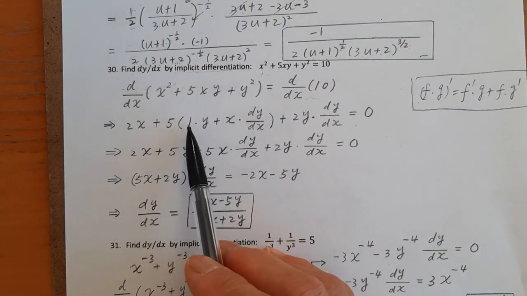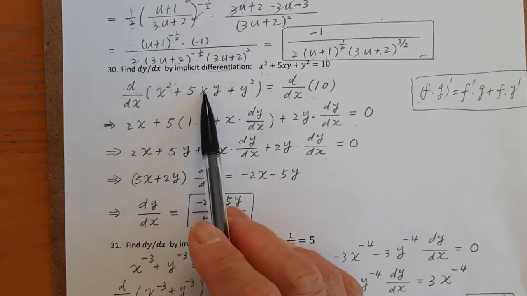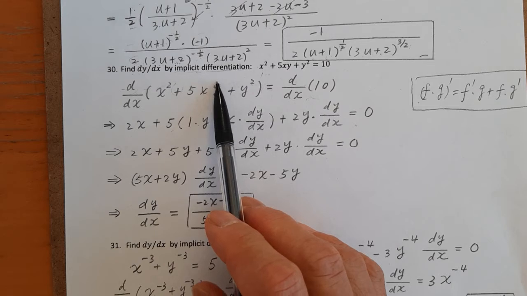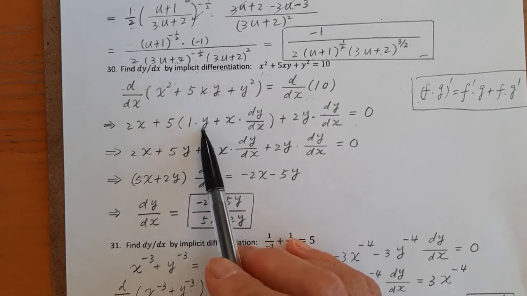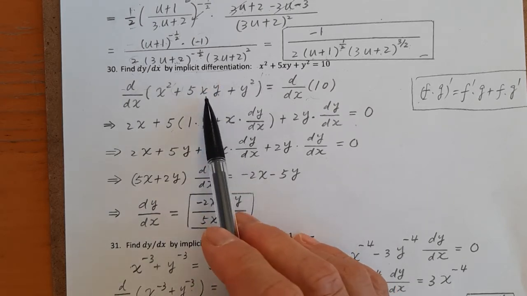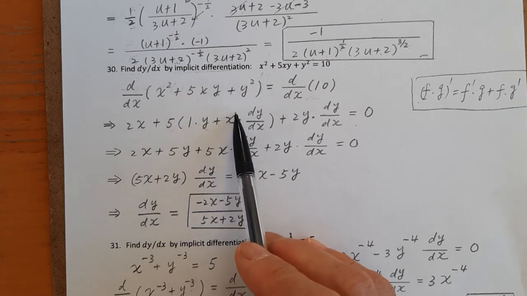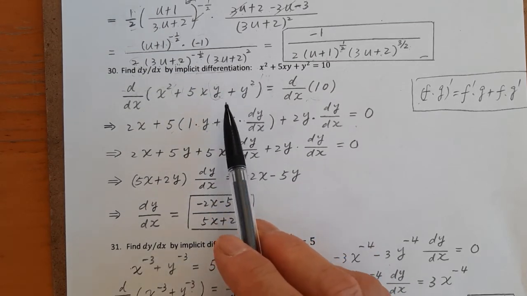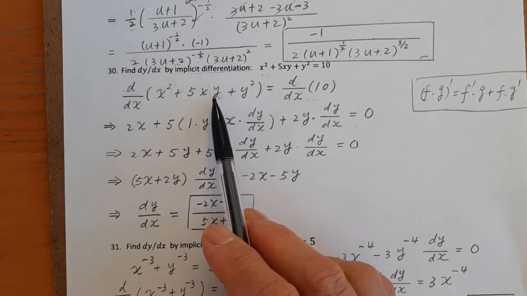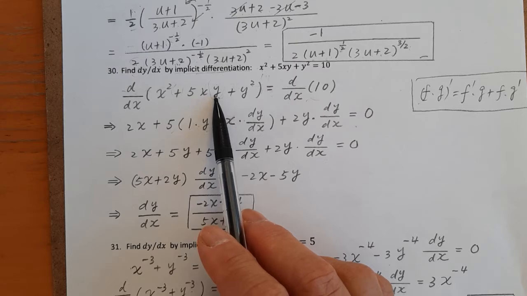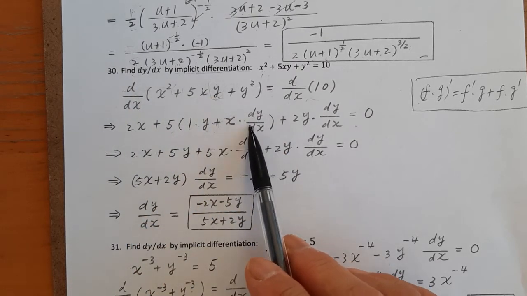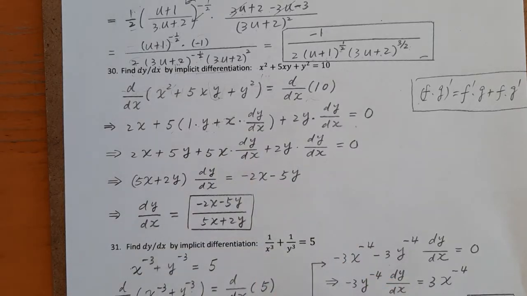X take derivative with respect to x is 1 times second function, do not take derivative, y, plus first function, do not take derivative, x times second function take derivative. Y take derivative. Since we don't know y in terms of x, we just leave as dy over dx.